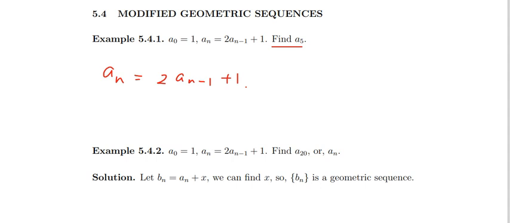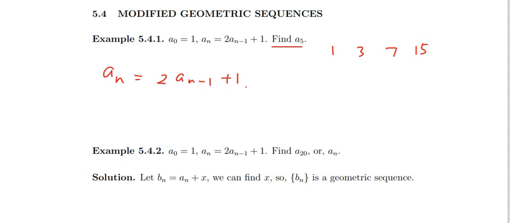Find up to a5. a0 equals 1. The second one is multiplied by 2, so it becomes 2, plus 1 is 3, right? Then multiply by 2 plus 1 becomes 7. Multiply by 2, 14 plus 1, 15.